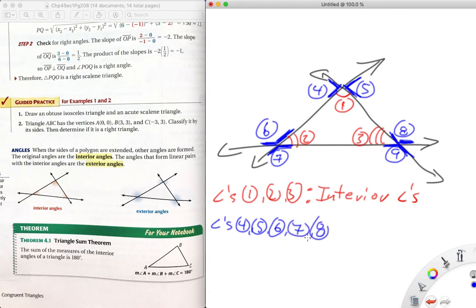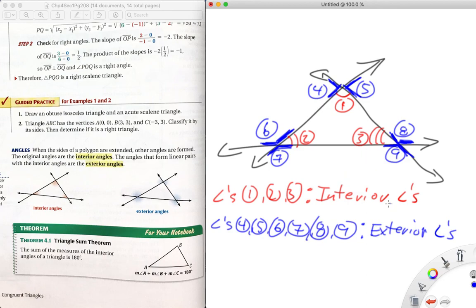These guys are called exterior angles. And they form linear pairs with the interior angle, so there's always two.